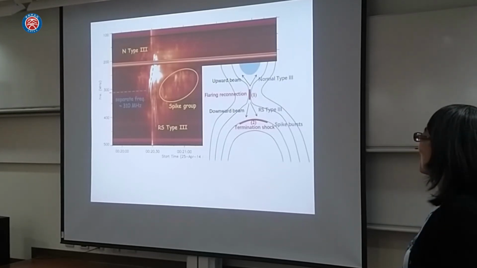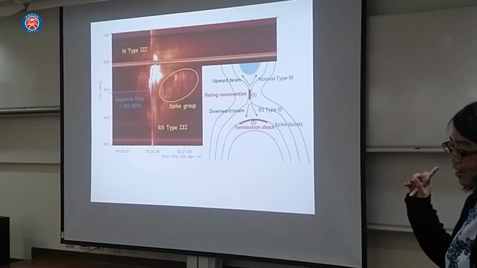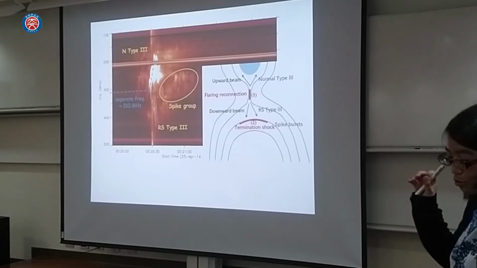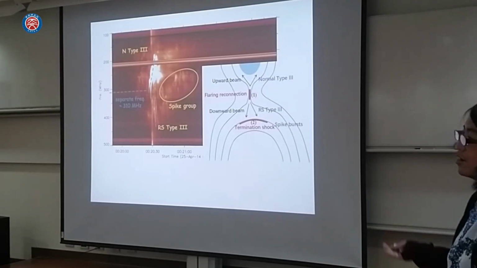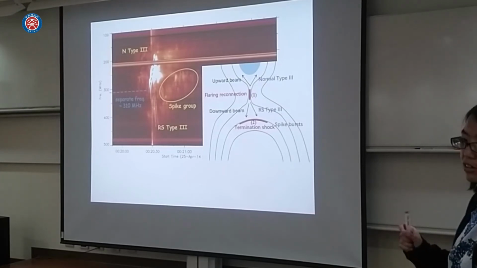Because we don't have the image. If we do have the image, we must use another spacecraft, something like SDO, the UV image, to locate the flare occurrence.